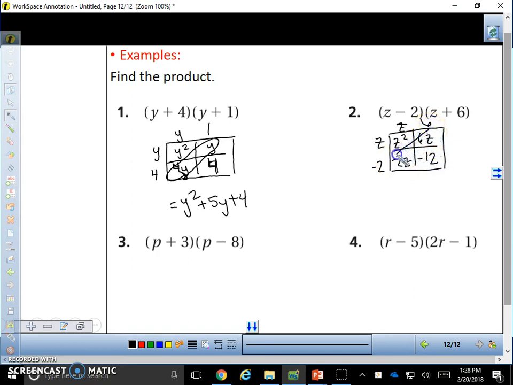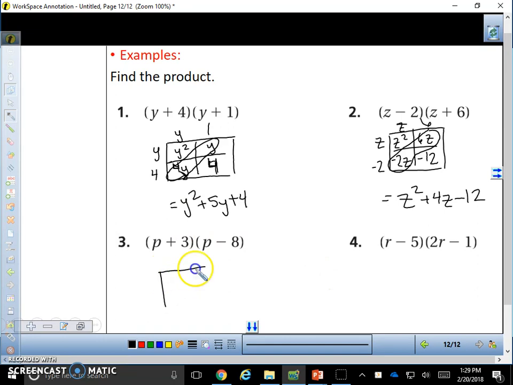Now I'm going to grab my like terms and combine them, and I'm going to order everything in standard form outside of my rectangular array. Z squared, 6z plus -2z is 4z, minus 12. Done.